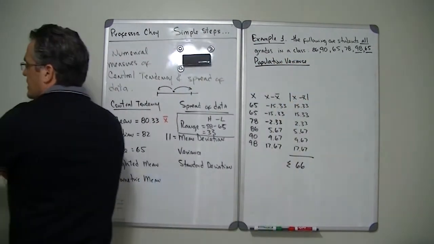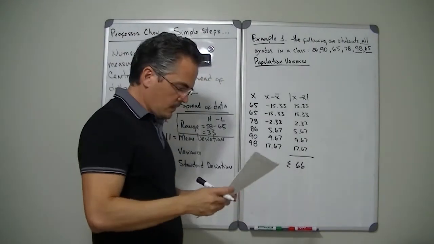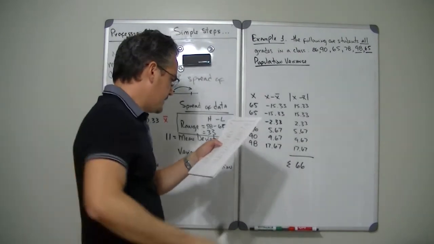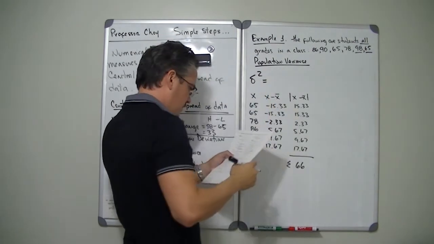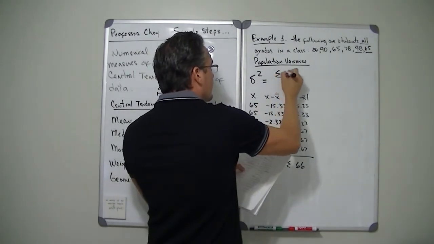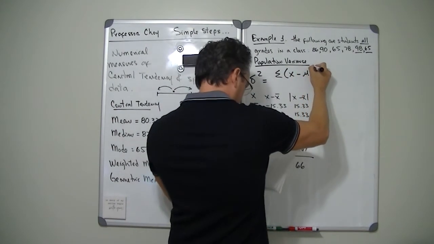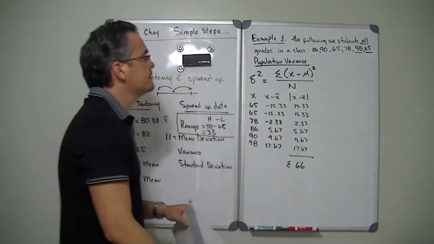Alright, again, let's look at the formula for our population variance. The formula for population variance is sigma squared equals the summation of x minus mu, squared, over n.